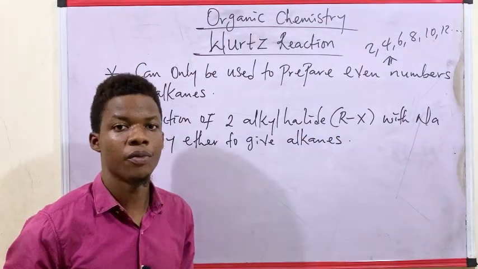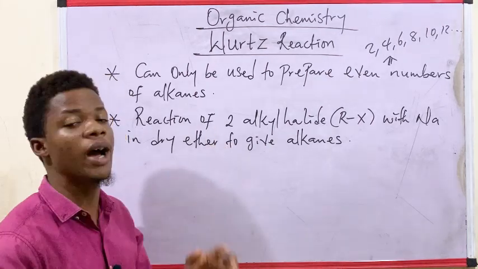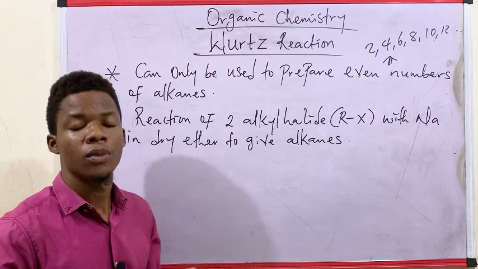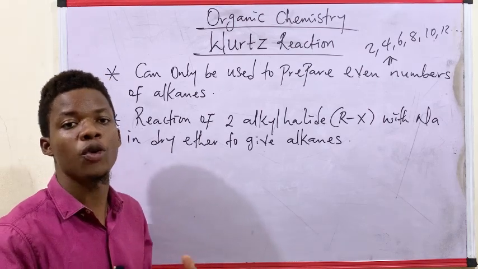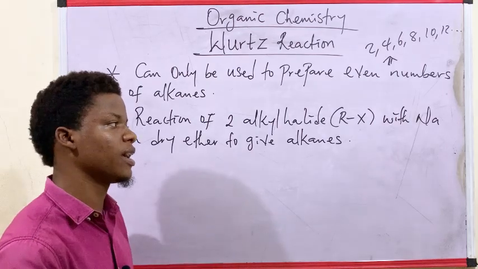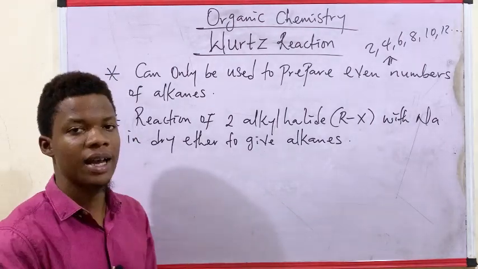Alright, reaction of 2 alkyl halides. There's a reason I just put these 2 alkyl halides here, which is just for balancing sake. So 2 alkyl halides with sodium in dry ether to give alkanes.